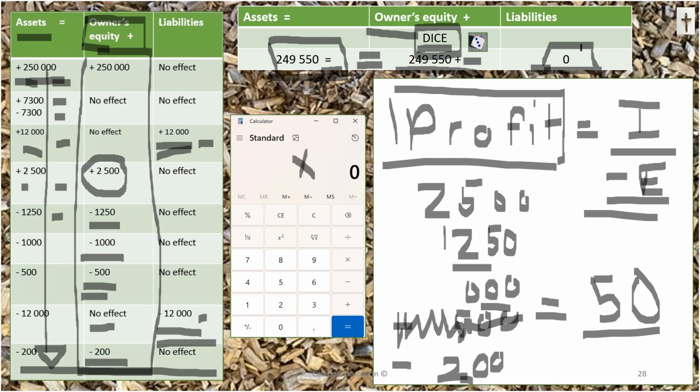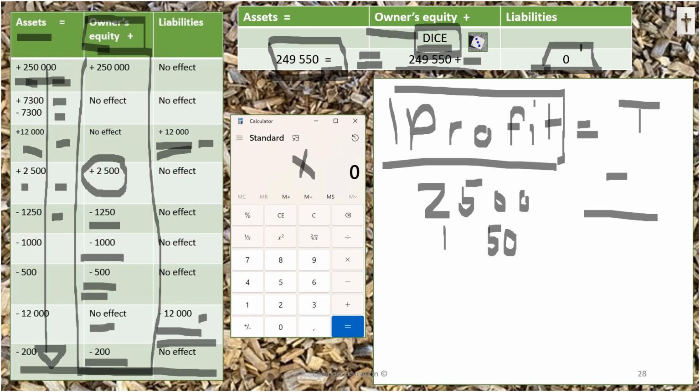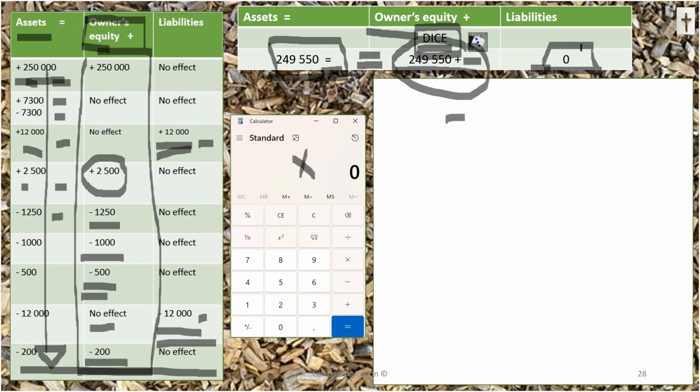Now, what is the owner worth? And there are two ways to calculate what the owner is worth. I've done this in previous videos, but I want to show it to you again. The owner is worth 249,550.